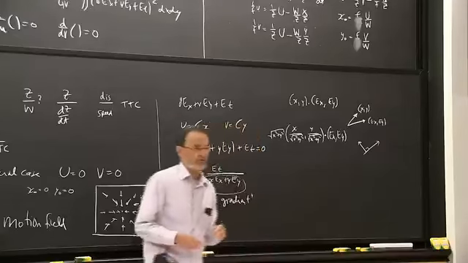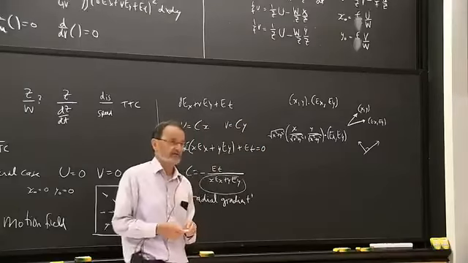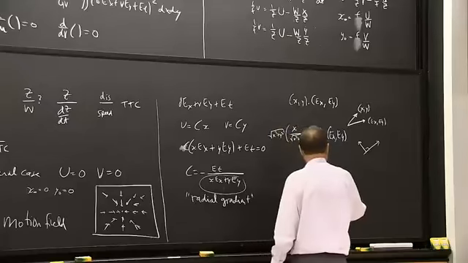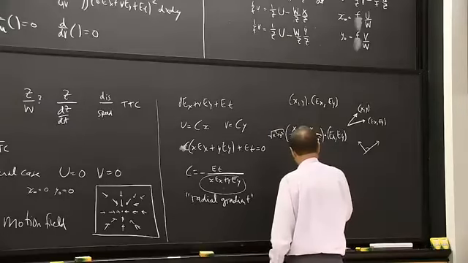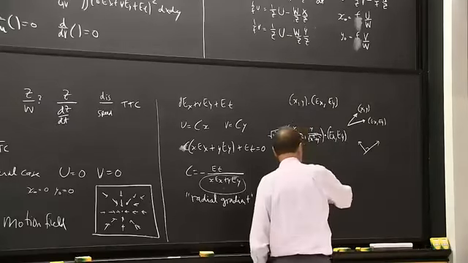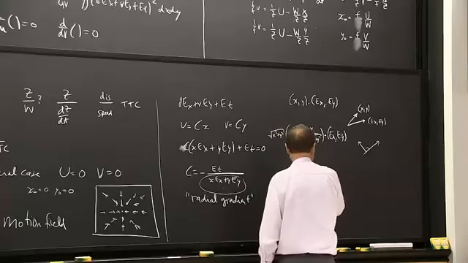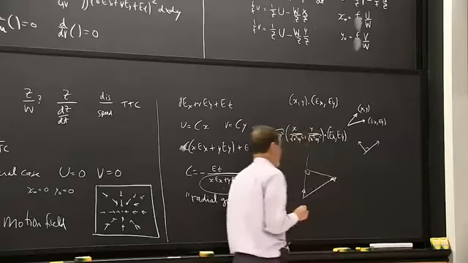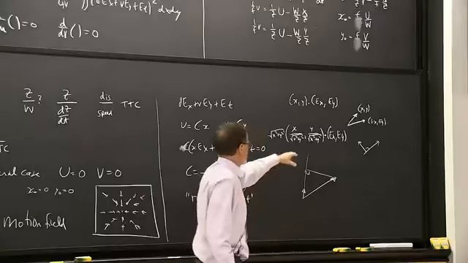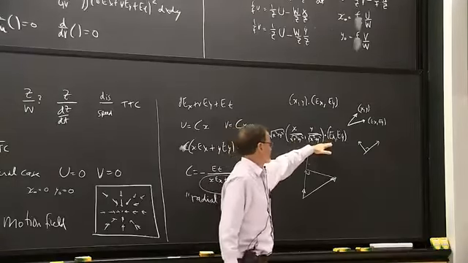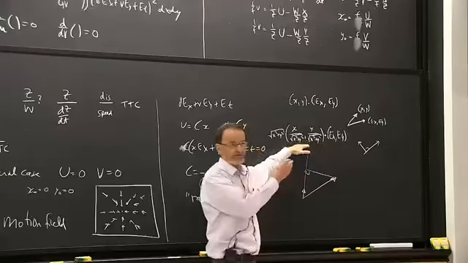Well, it gives you the component of that vector in that direction. So here's a vector, and I'm interested in how much of it is going in this direction. Take the dot product, and I get that component. So what this is really computing is how much of the gradient is in this radial direction.